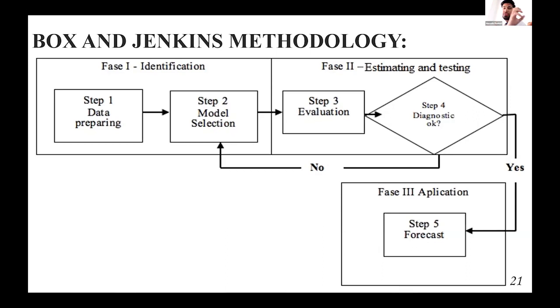We have model selection. When you put the data in model selection, first of all, you have stationarity. Stationary means you should make the data constant, without a lot of variations, because a lot of variations will simply make a bad result. You cannot have an accurate result.